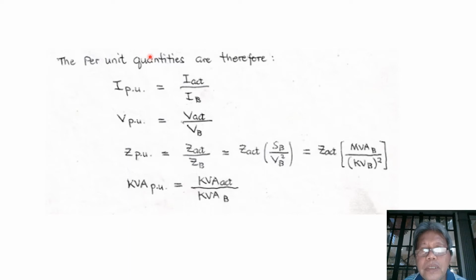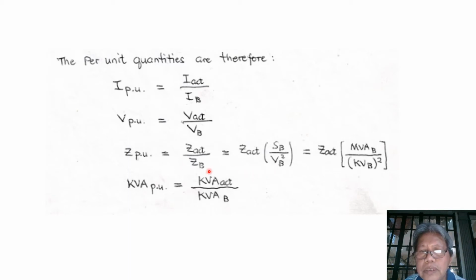Now the per unit quantities are therefore: the per unit current would be the actual current divided by the base current, and the per unit voltage would be equal to the actual voltage divided by the base voltage. And the per unit value of an impedance is equal to the actual value of the impedance divided by the base value of the impedance.